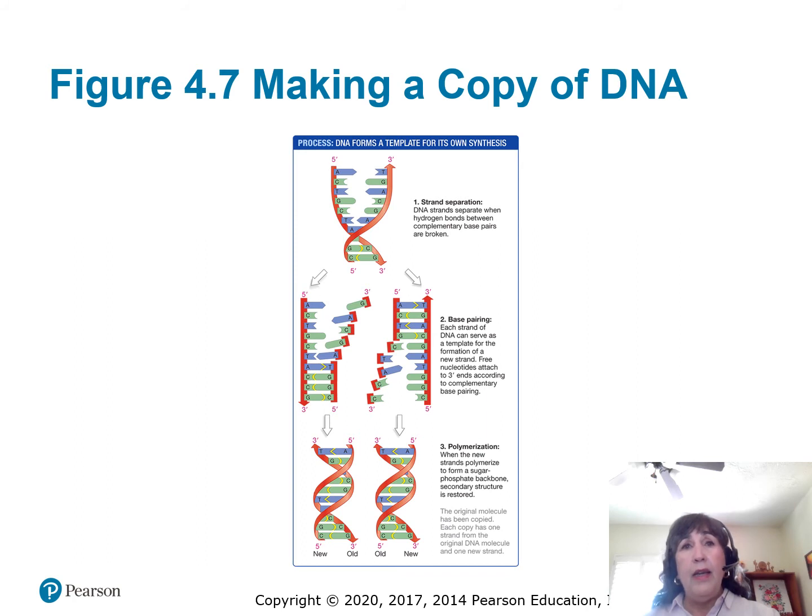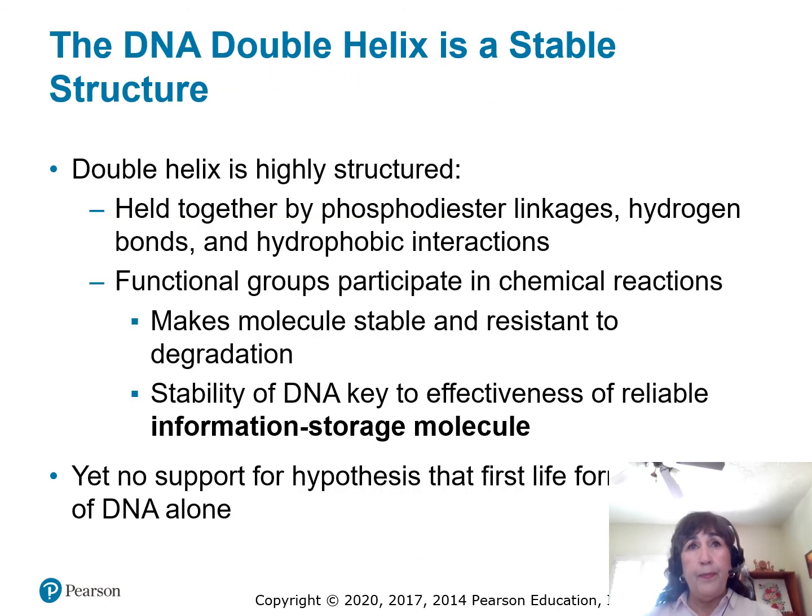In the last frame, you see the two new strands of DNA are each composed of one new strand and one old strand. So this is due to complementary base pairing.